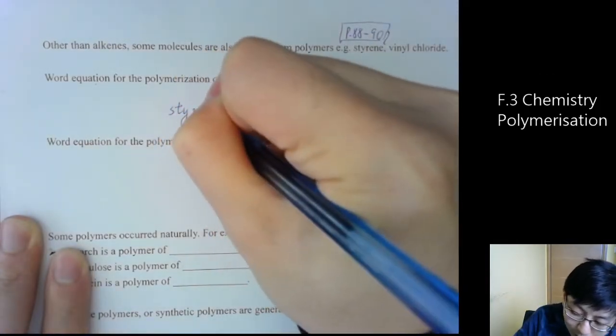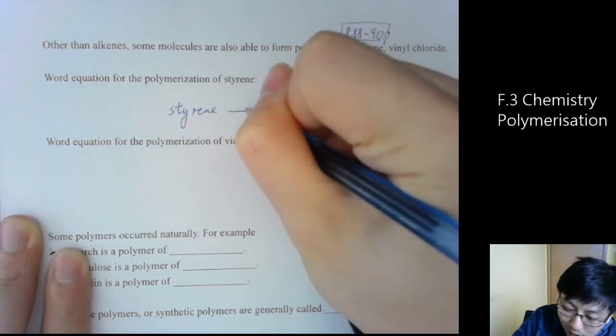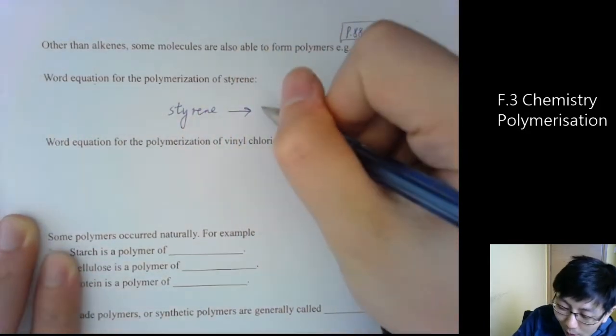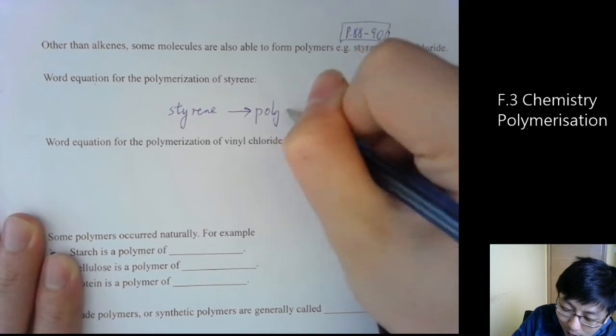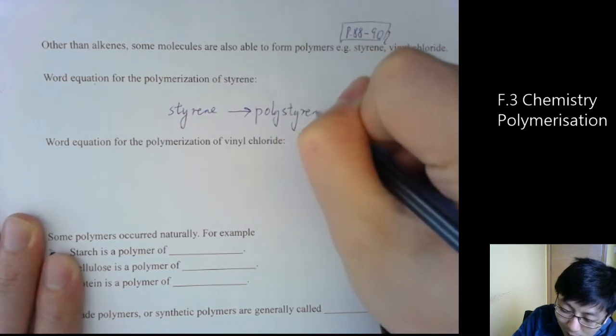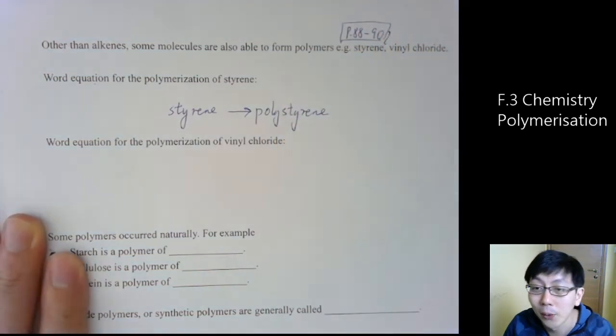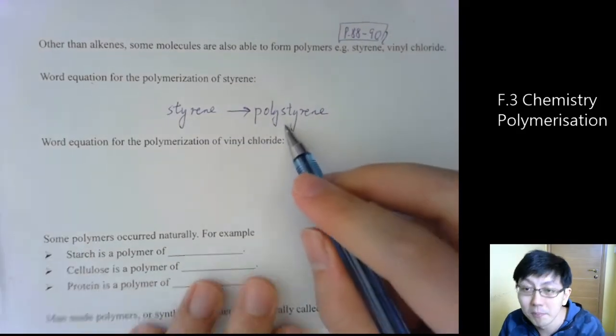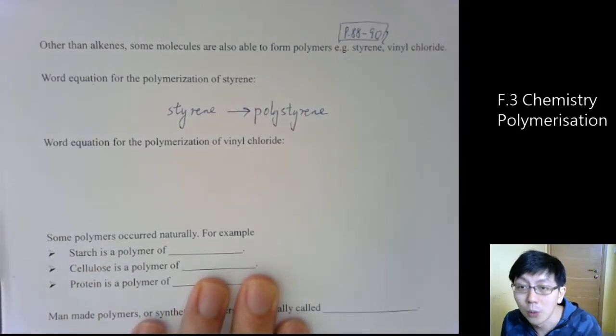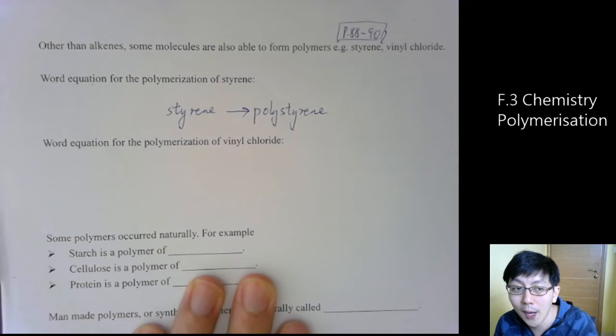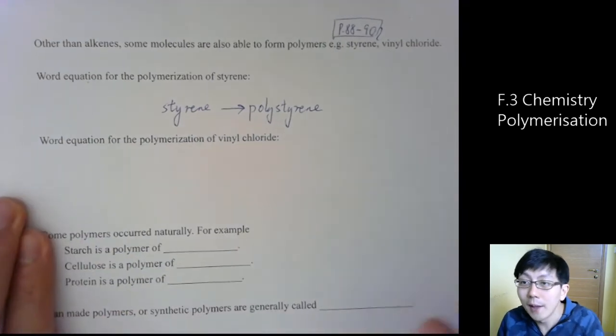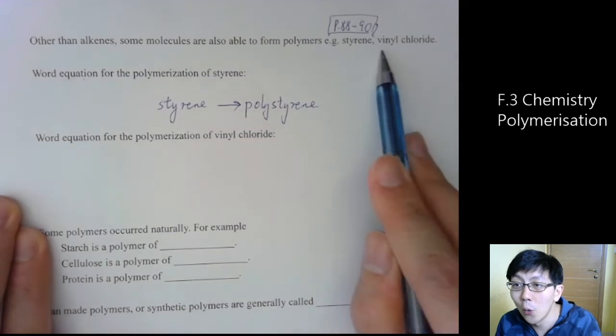Starting material, the monomer styrene, give it an arrow, and then the product will be polystyrene. Do we need to add brackets? It works either way. In this case we don't need to. Adding brackets is the Form 5 way of writing; for Form 3, just giving the prefix poly is okay. Another material is called vinyl chloride.